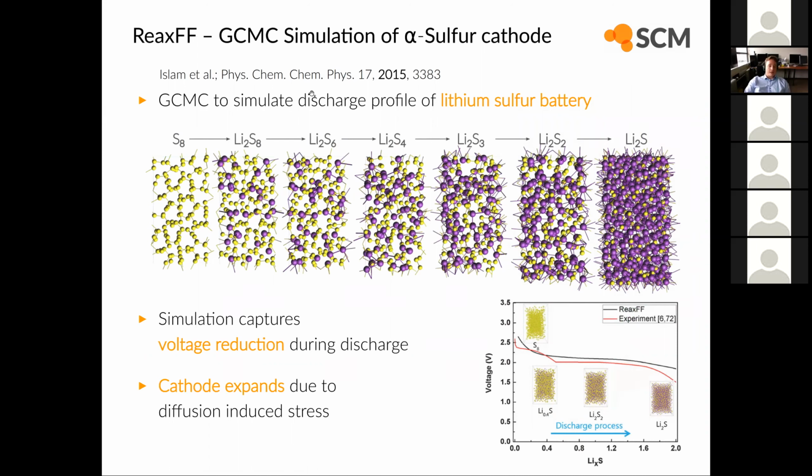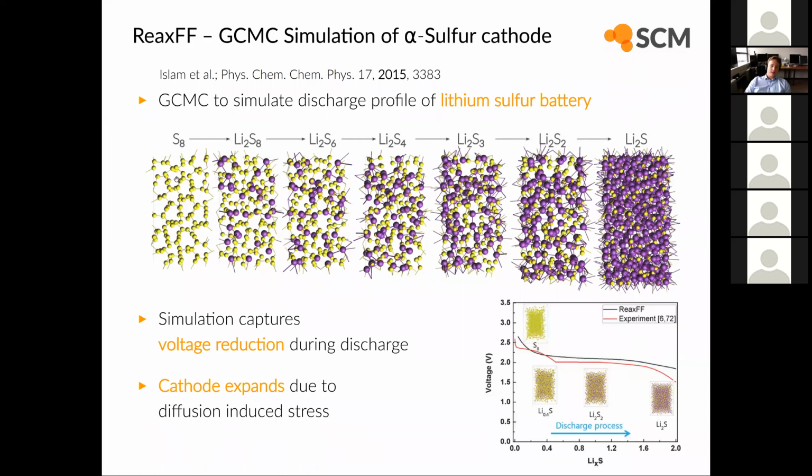They then use the grand canonical Monte Carlo method, GCMC, which allows one to keep the chemical potential constant during the simulation, and thereby to add atoms at runtime into the simulation box. This was then used to simulate the discharge profile of such a lithium-sulfur battery.